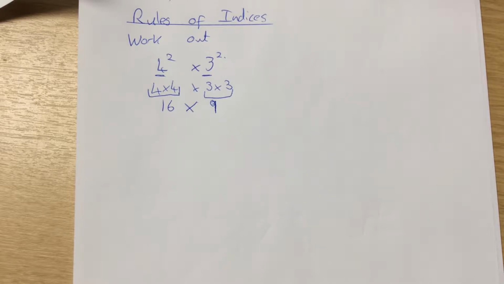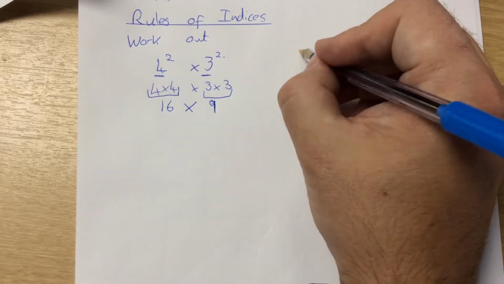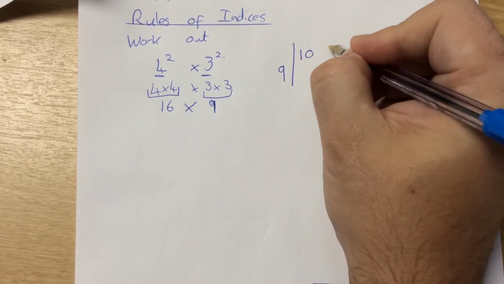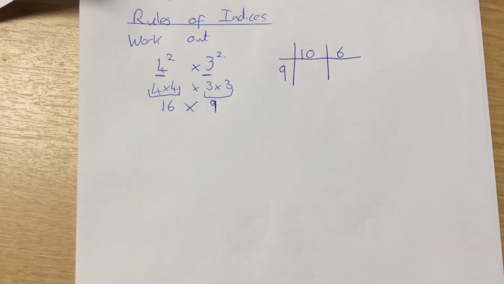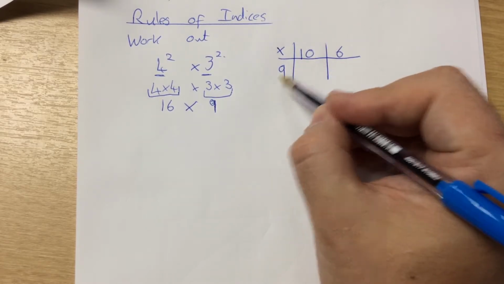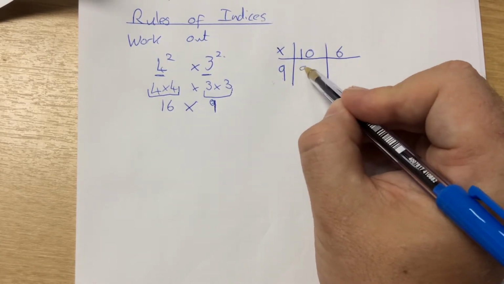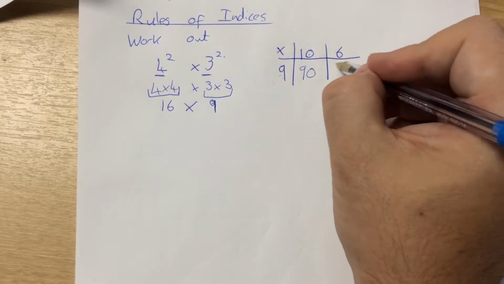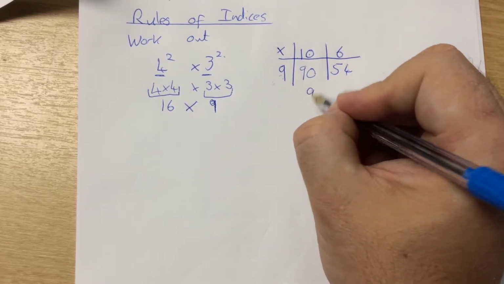So if I was doing 16 times 9, I would probably split the 16 up into a 10 and a 6. So I would be multiplying 9 times 10. 9 ones are 9, and there's a 0 on the end, which is 90. 9 sixes are 54, and then I would add them together.